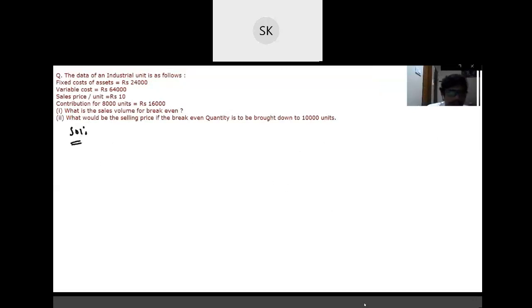So in this way, you can find out the profit. Then you can put the value in the formula, profit divided by contribution, contribution we have found out above, into sales.